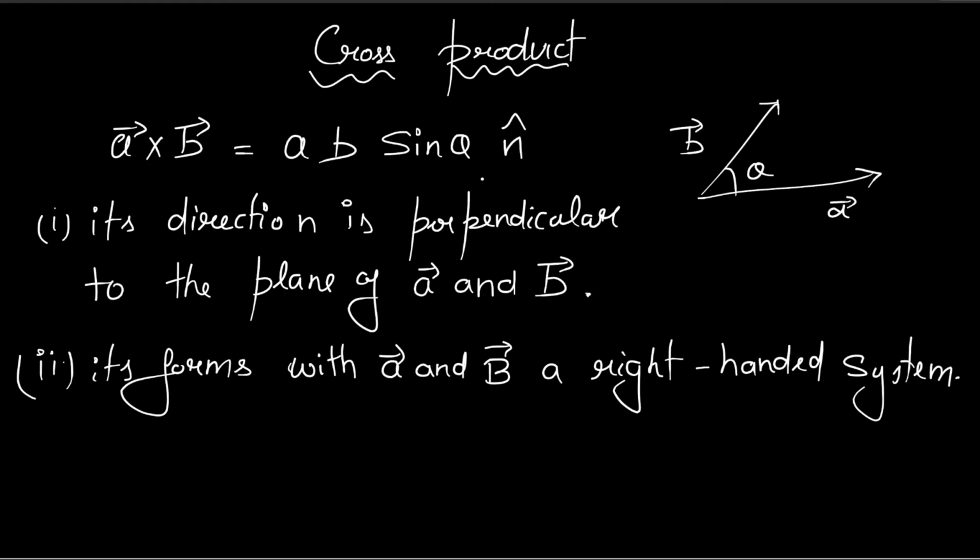After cross producting, the vector quantity direction is the unit vector perpendicular to this plane.